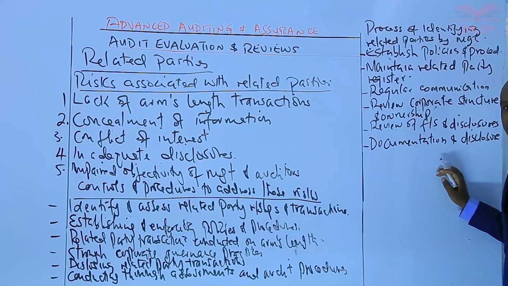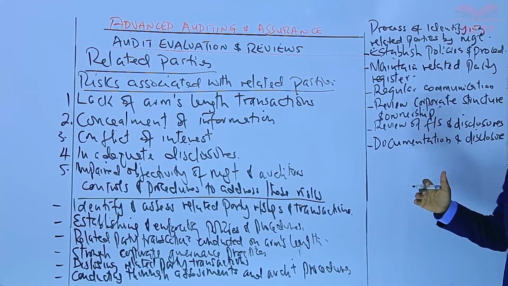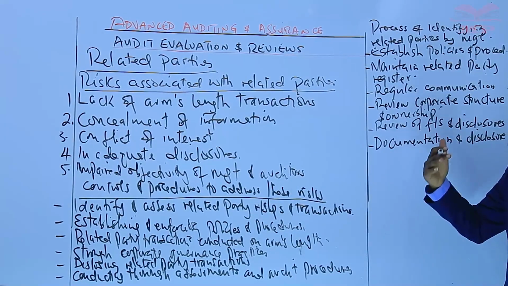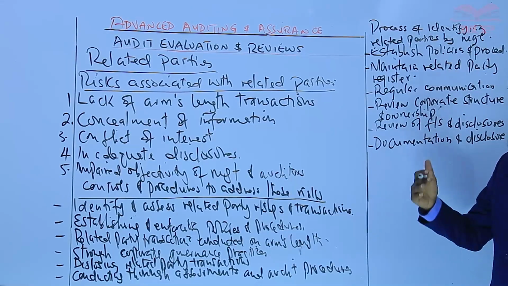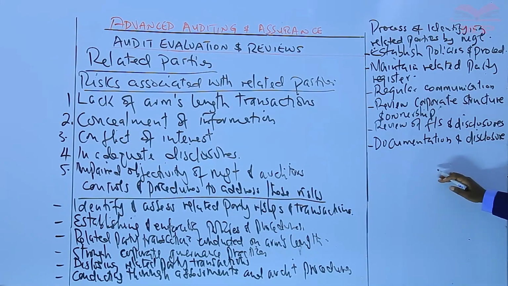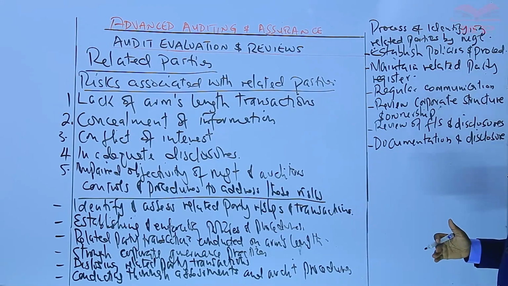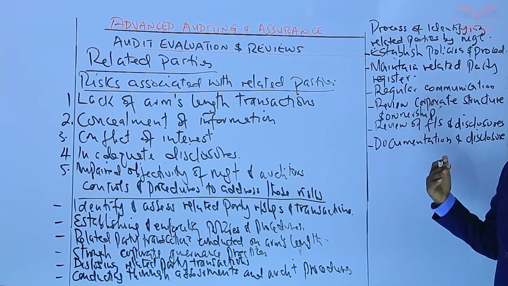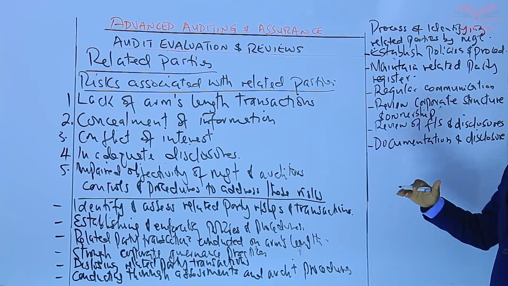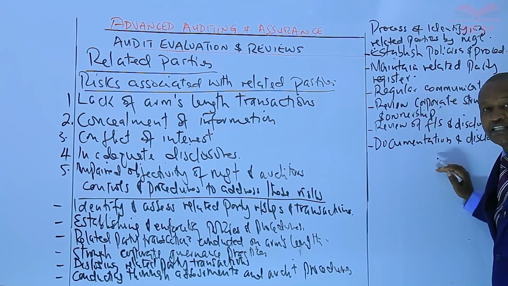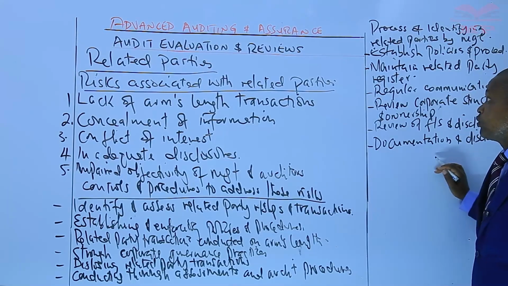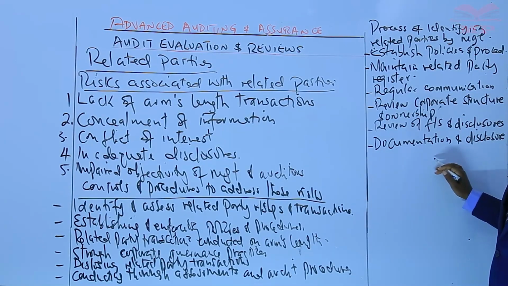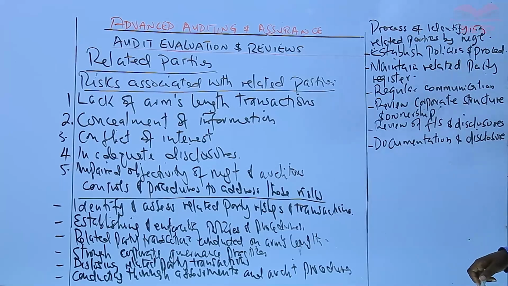The management should document the identified related party relationships and transactions in a clear and organized manner, and the information should be appropriately disclosed in the financial statements, in the footnotes, and other required reports as per the applicable accounting standards and regulatory requirements. So these are 4 points that can help to identify related parties by the management.